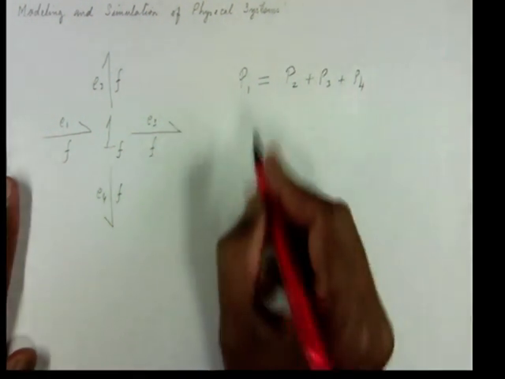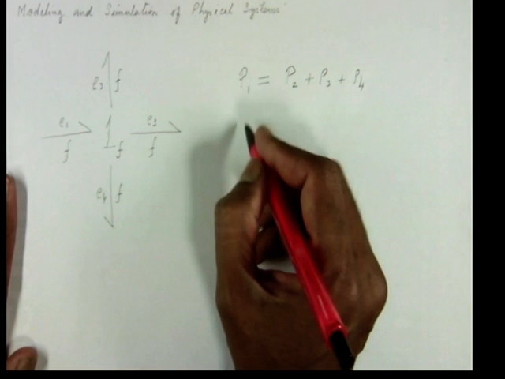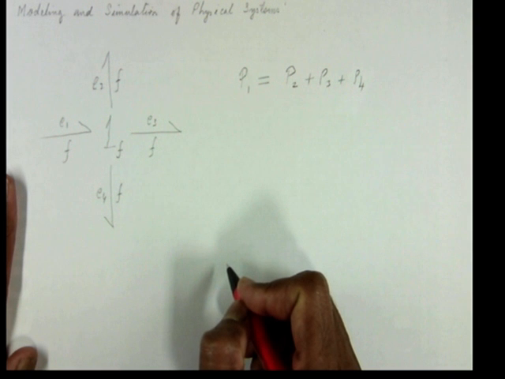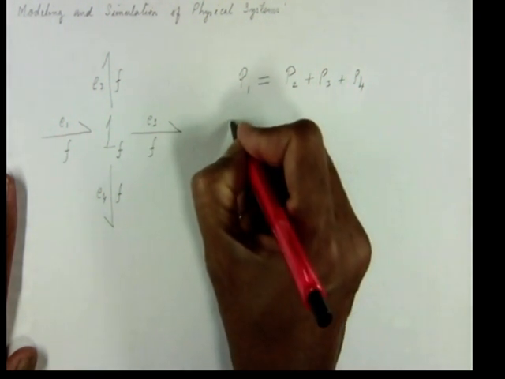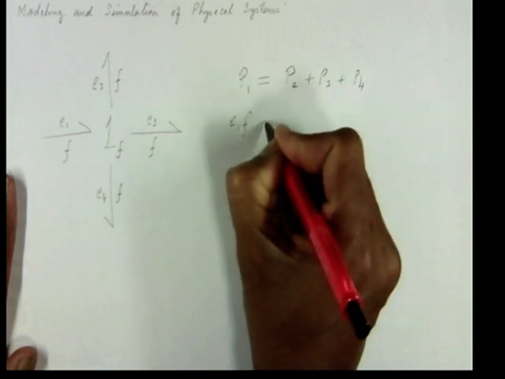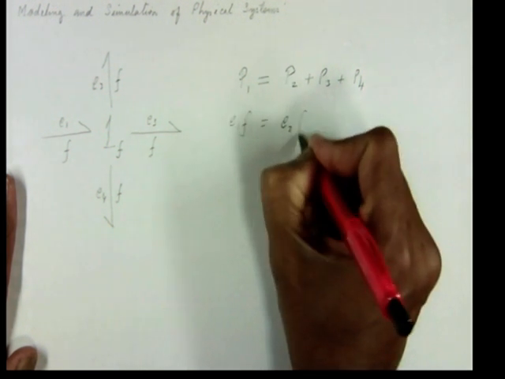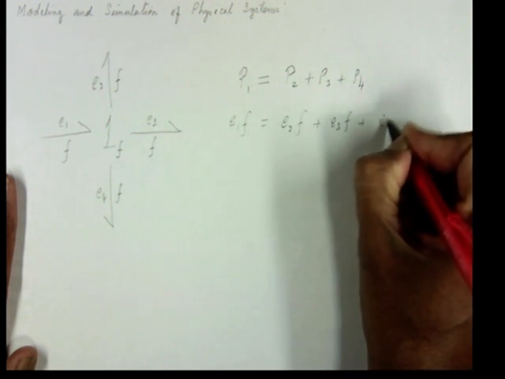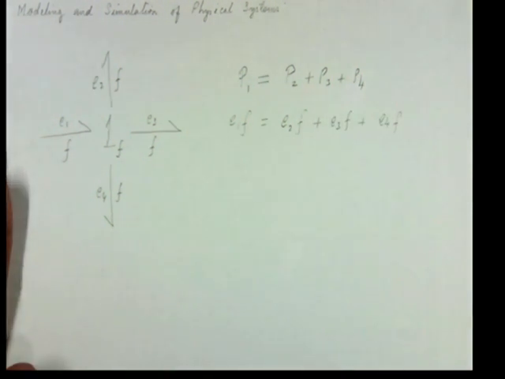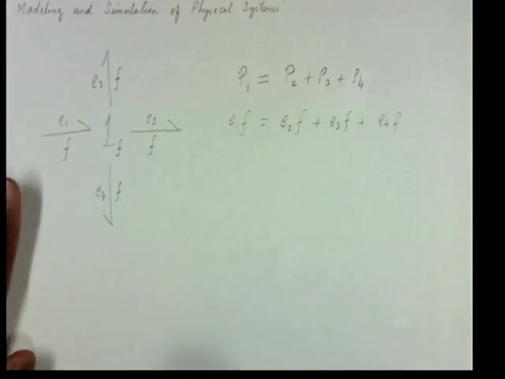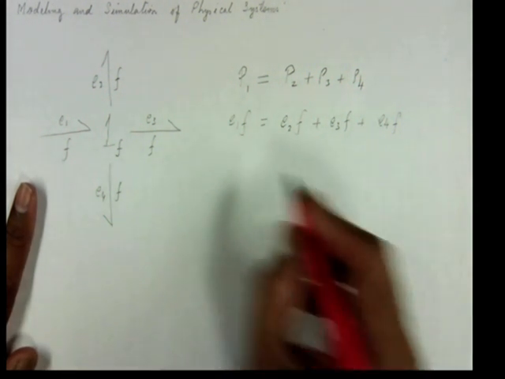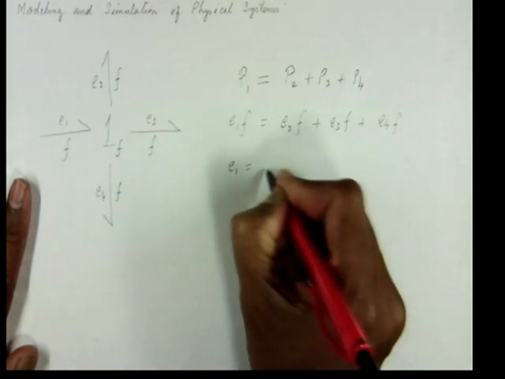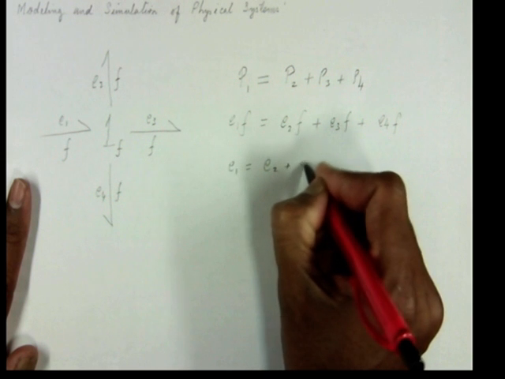Now if we are to write power in terms of efforts and flow, we know that it is a one junction, all the flows are the same. So we will write it as effort 1 into flow equals effort 2 into flow plus effort 3 into flow plus effort 4 into flow. So what does it mean? We can cancel flow from both sides, and so it yields just a summation of effort.